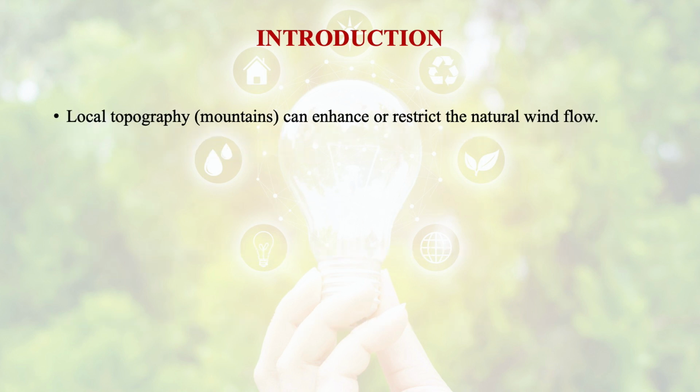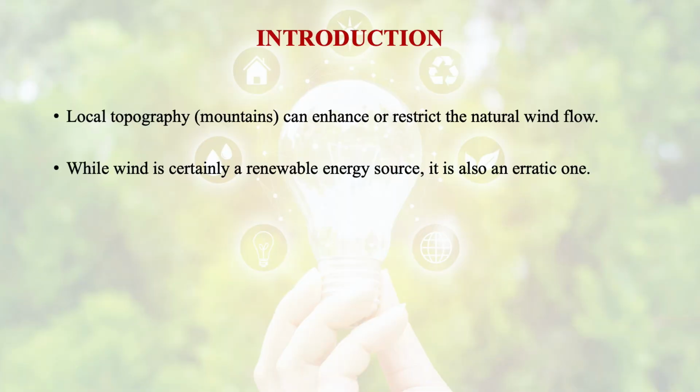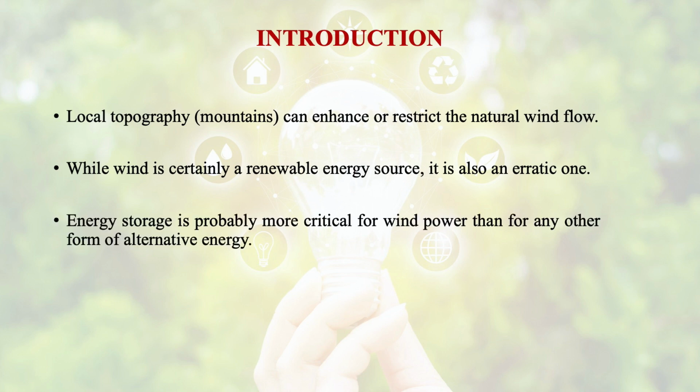Local topography can enhance or restrict the natural wind flow. Suppose there is mountain, so the natural wind flow would be restricted. While wind is certainly a renewable energy source, it is also an erratic one. Energy storage is probably more critical for wind power than any other form of alternative energy.